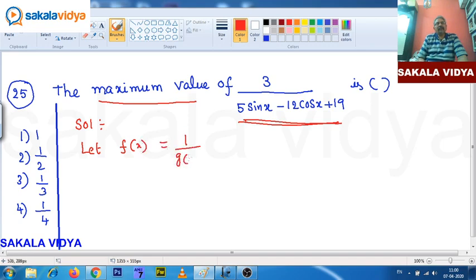Now, we need to discuss how to find the minimum value and maximum value of f of x. Here f minimum is equal to 1 by g maximum. Understood now? And f maximum is equal to 1 by g minimum. So, this concept we need to remember.